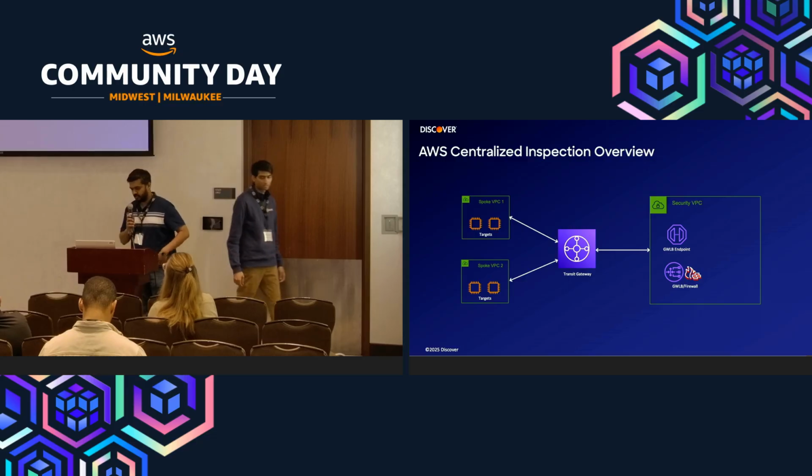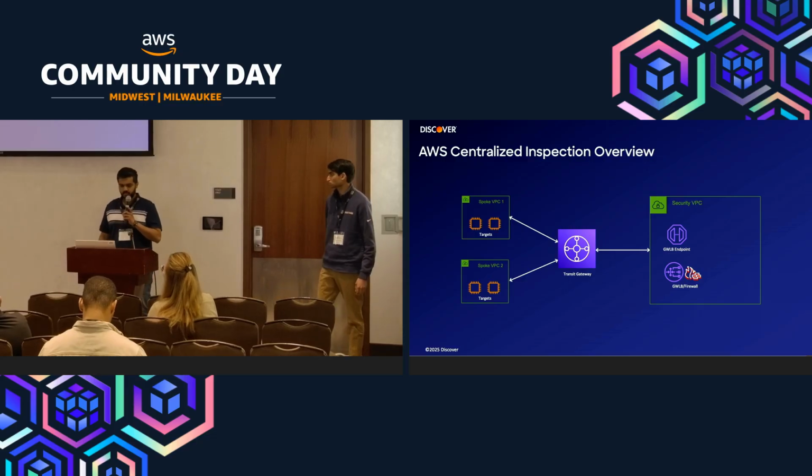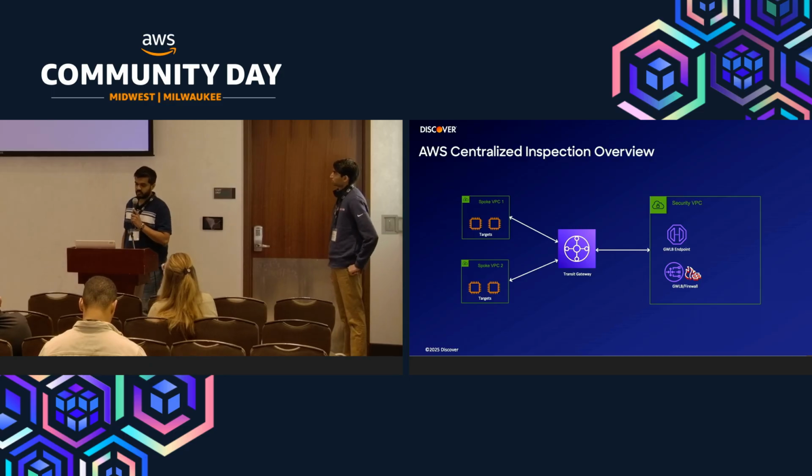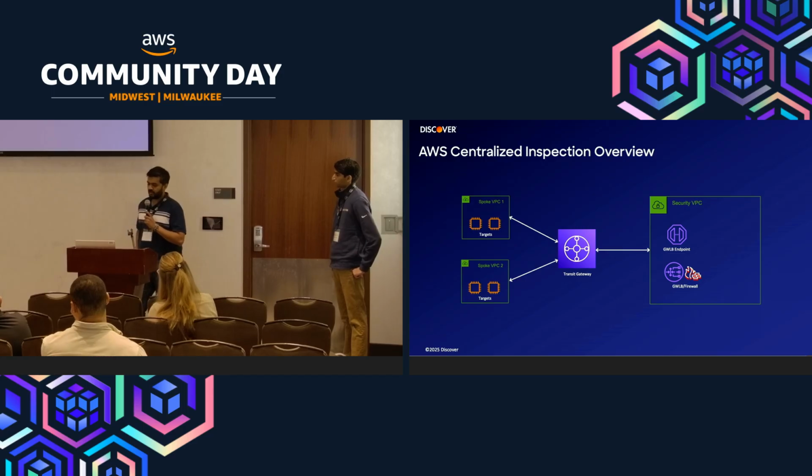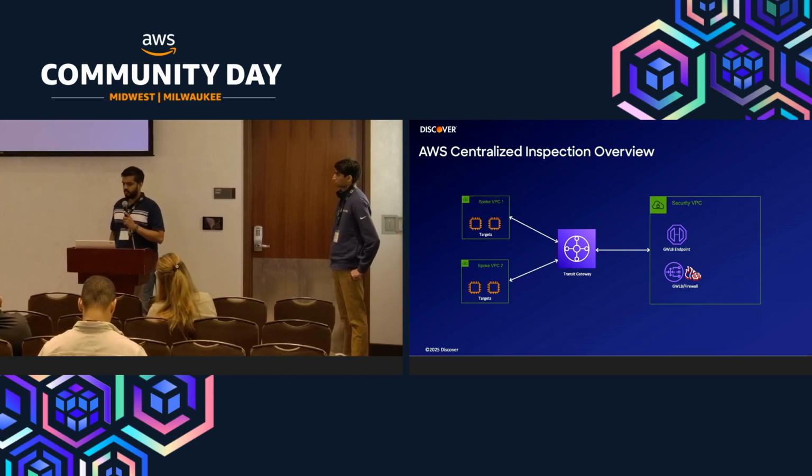So on screen on your left, you see spoke VPCs which are attached to a transit gateway which is in the center. You can see the security VPC on your right, where we have our gateway load balancers and firewalls behind those. So let's say a packet is originating from spoke VPC 1 and is destined to go to spoke VPC 2.